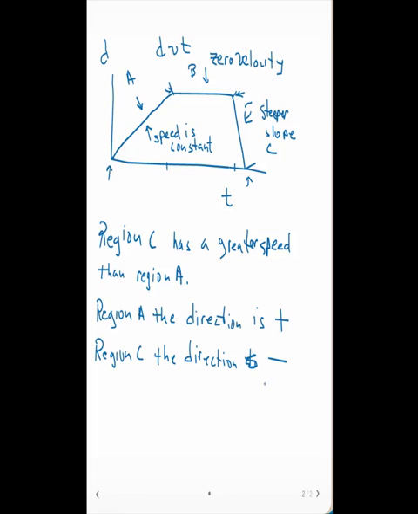So we'll call that negative. So what we can say about region C is it has a negative velocity, and the magnitude, the speed, is greater than the speed in region A. In region A, we know that it has a positive velocity, but the speed is not as great as in region C. So think about that. Read over these sections.